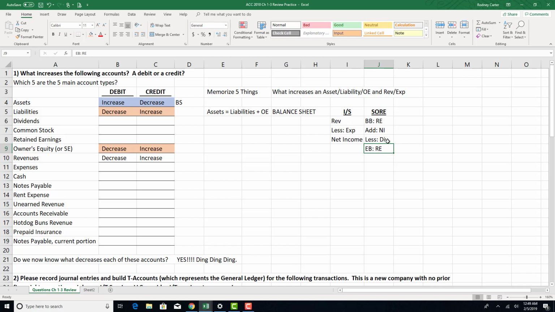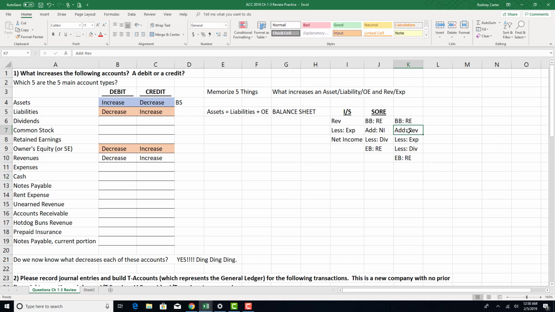Well, what is retained earnings? Retained earnings is an owner's equity account. So where I'm going is that revenues minus expenses equals net income. Algebraically, revenues and expenses are embedded here, right? If I were to make the long form, beginning balance of retained earnings, add revenues less expenses less dividends equals my ending balance of retained earnings.